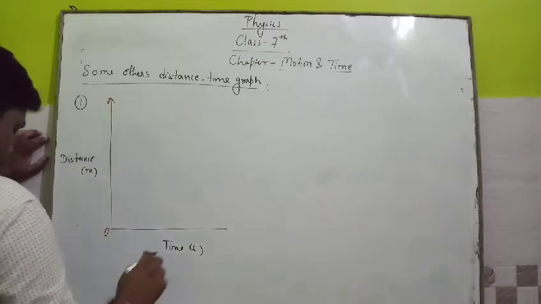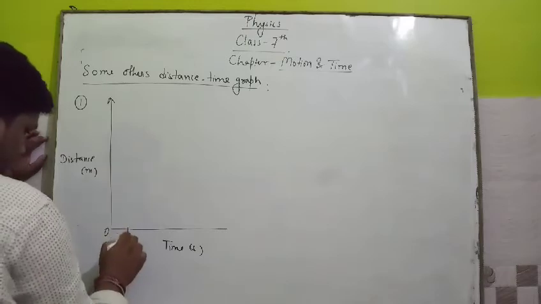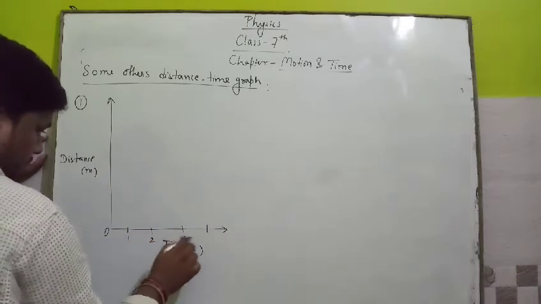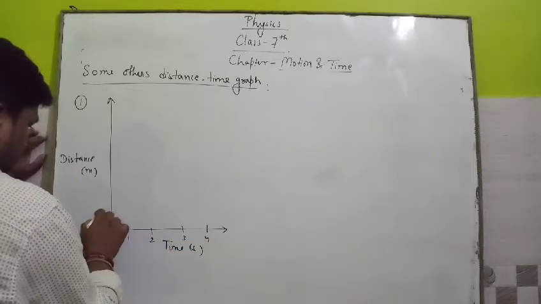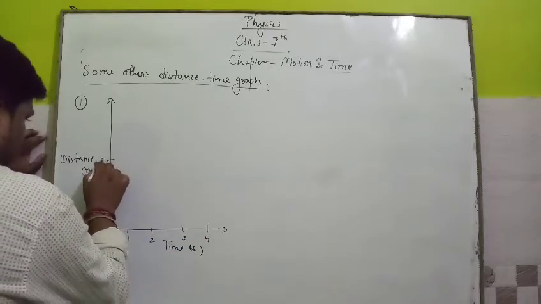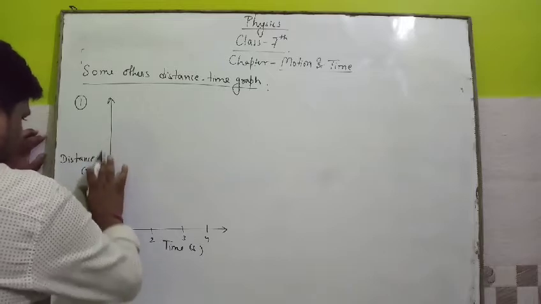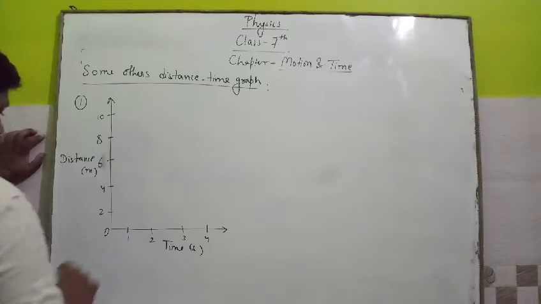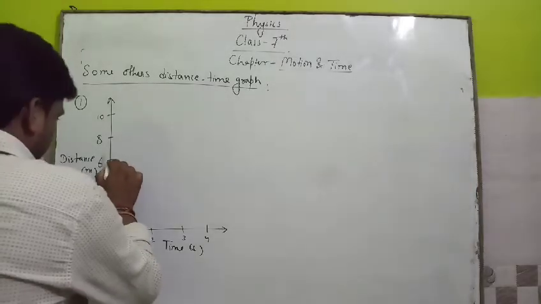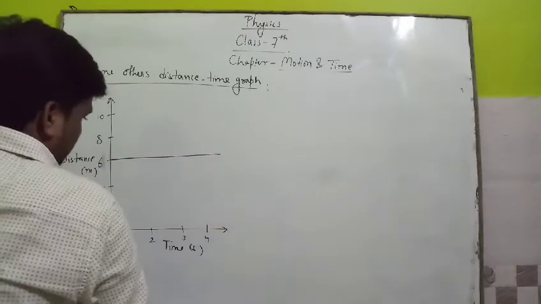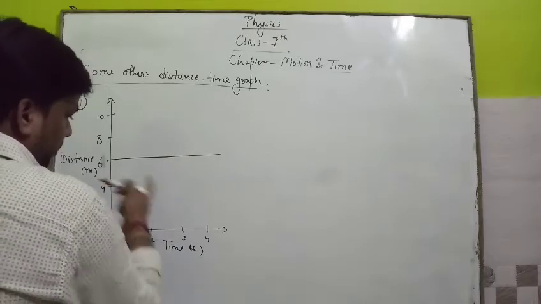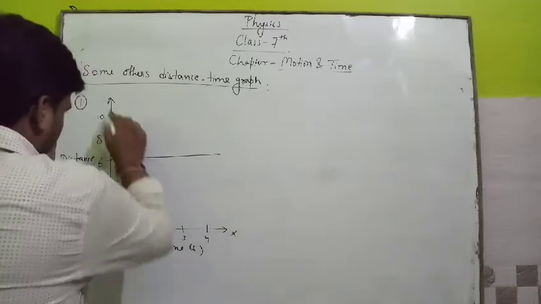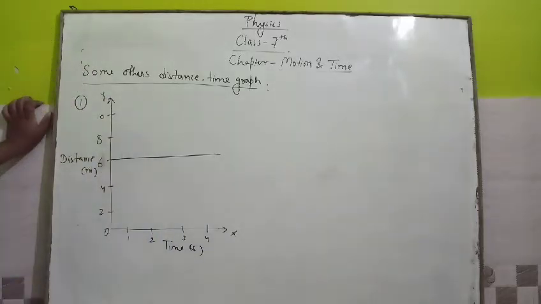This is the origin. Marking 1, 2, 3, 4 and 2, 4, 6, 8, 10. Now suppose the graph is like this, with the slope parallel to the x-axis. What does this graph show?